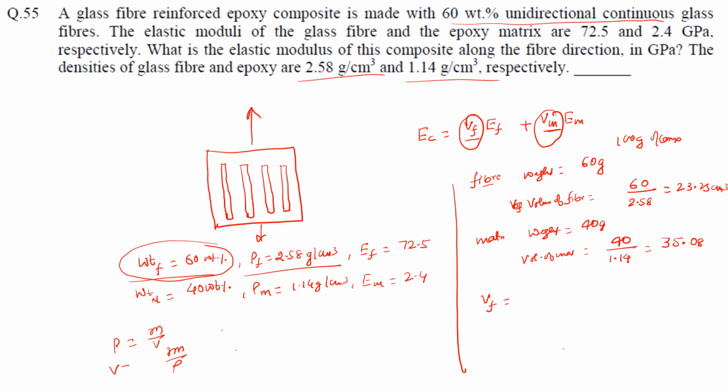it means volume of fiber divided by volume of fiber plus volume of matrix. So it will be 23.25 divided by 23.25 plus 35.08.